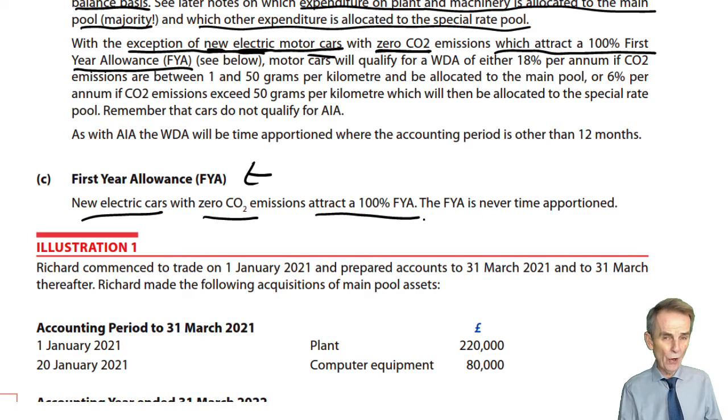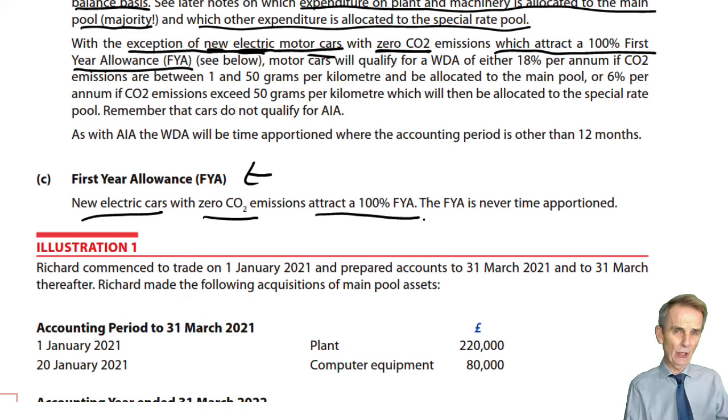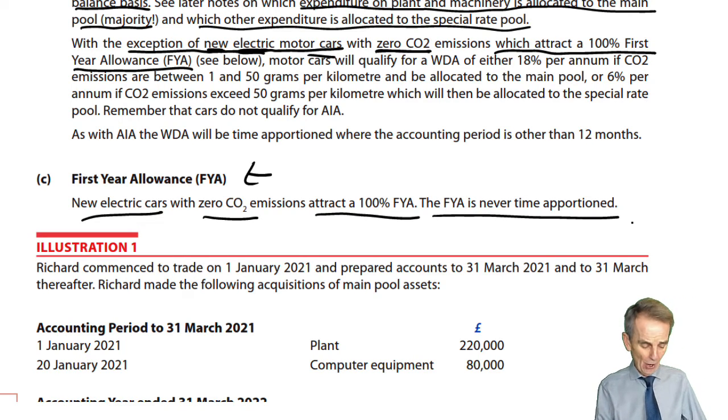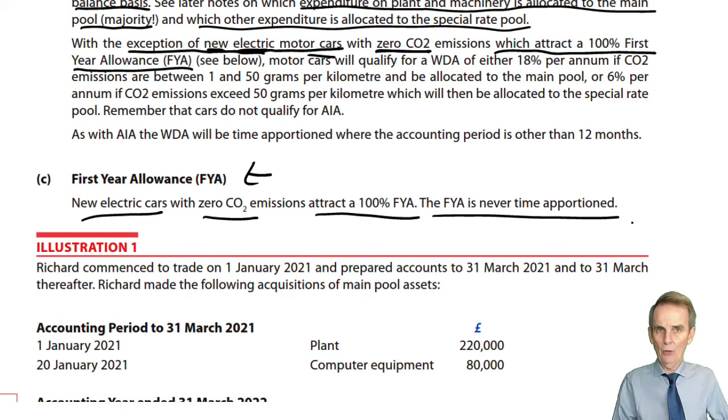Now, because it's a one-off figure, 100% of the total expenditure on that individual asset, that new zero CO2 emission electric car, the FYA is never time apportioned. So if you buy this new electric car in a 12-month period, in a 3-month period, in an 18-month accounting period, it doesn't matter. It's 100% allowance that you get.